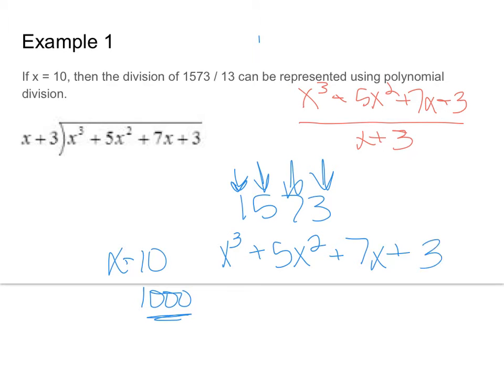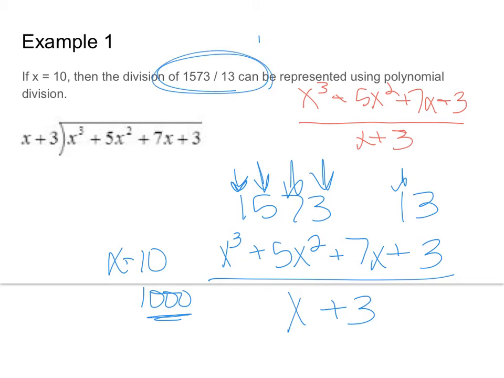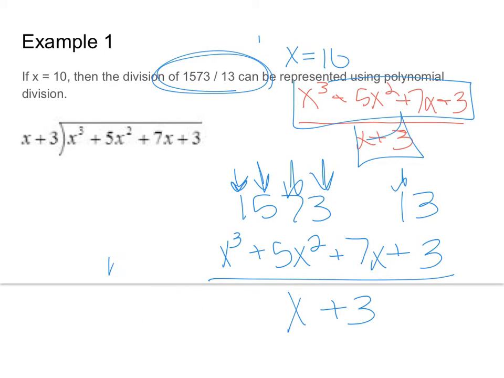And 3. Divide by 13, so the first term is really x, and the second term is 3. So the division of this number can be represented pretty quickly if we assume that x equals 10 by polynomial division. I'm going to go ahead and erase that so we can work through our problem though.